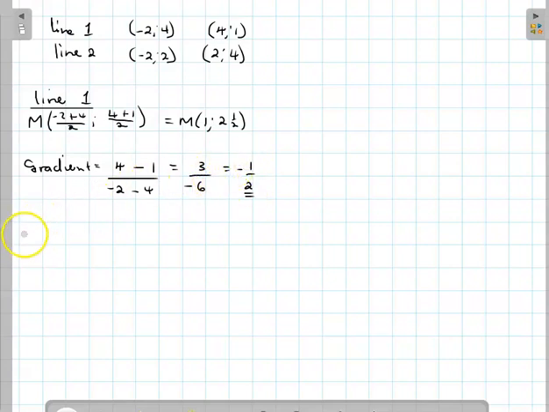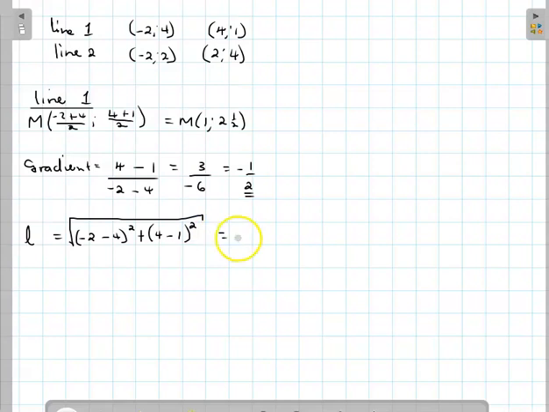Finally, the length, which we can call L, will be the square root of, so separate the x's: negative 2 minus 4 all squared, plus 4 minus 1 all squared.